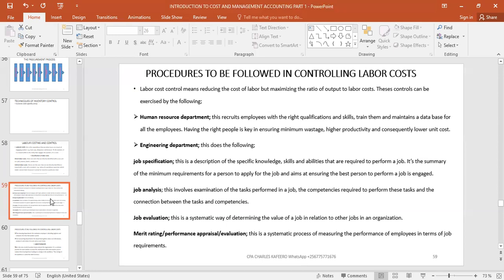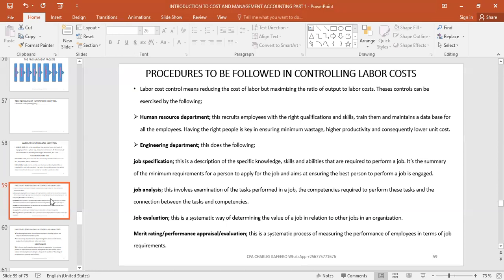By the time you come for the interview, the salary is already there. It cannot even be adjusted. And if it is supposed to be adjusted, again, it has to go back to the engineering department to see whether what you are suggesting and what you can bring to the table matches the money you are requesting.